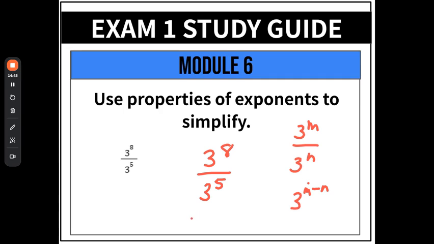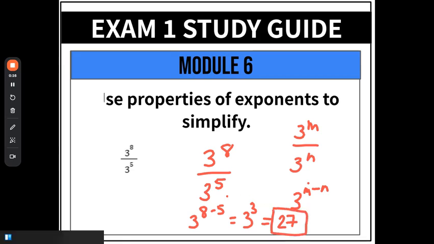So I can rewrite this as 3 to the 8 minus 5, which is 3 to the third. Just the same thing as saying 3 times 3 times 3. And you can type this in your Desmos calculator if you need to, but 3 to the third is 27.